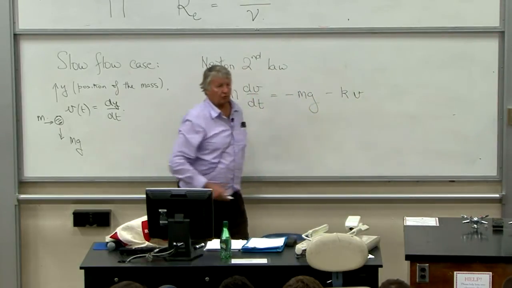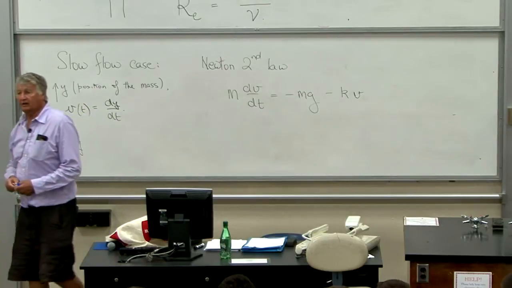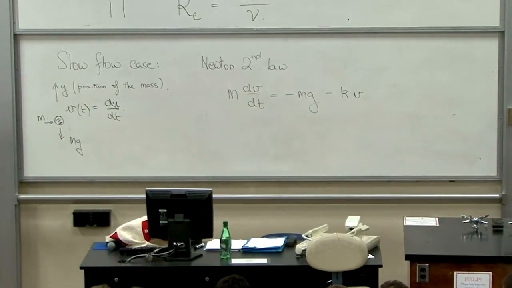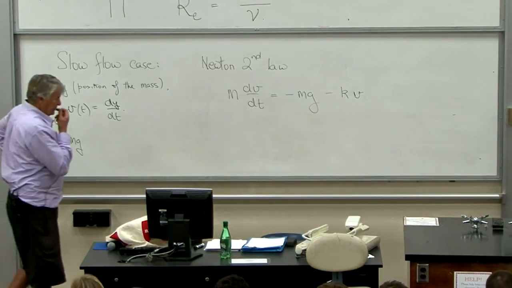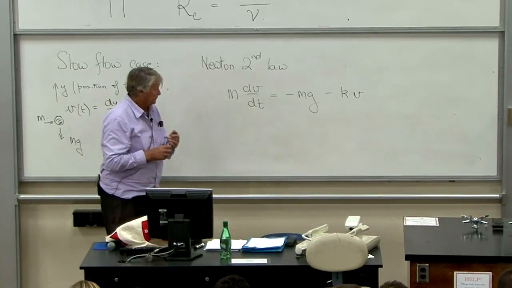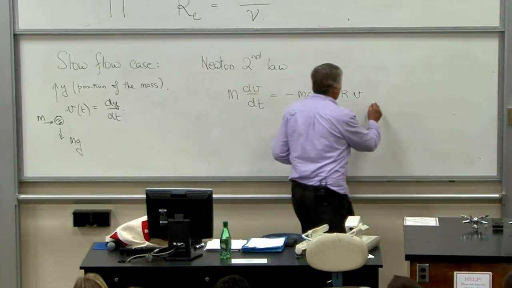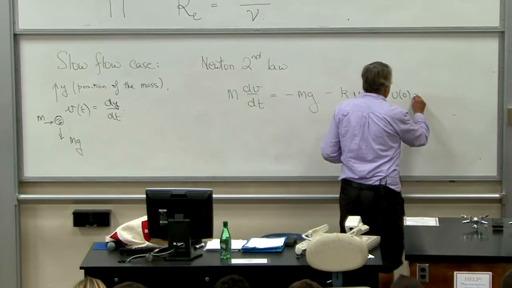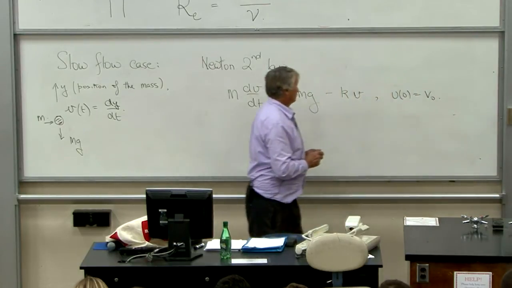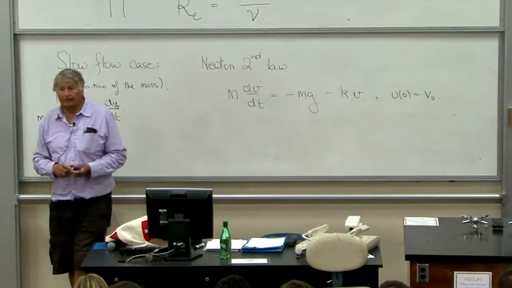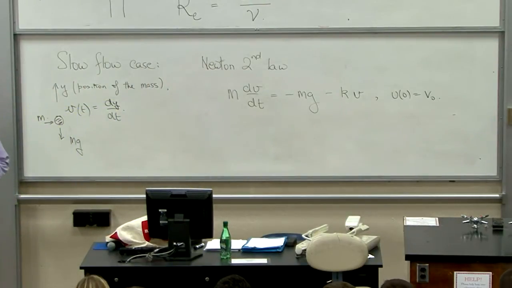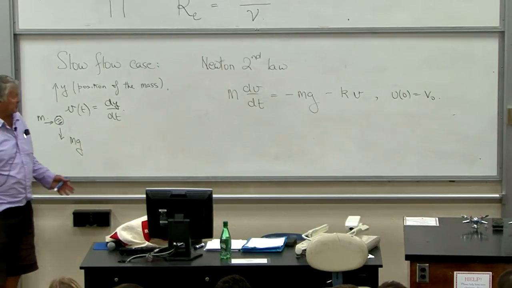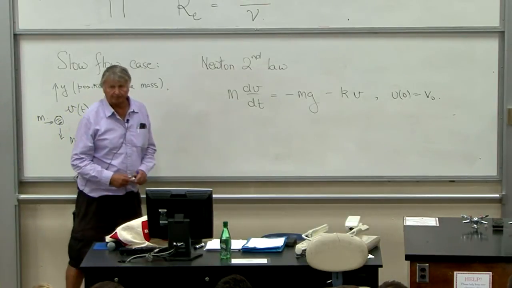This is our friction force, and we're saying we're in a Reynolds number range where the friction force is proportional just to the velocity. And we're given some initial condition. V at 0 is some V0. And the question is, find V for all time and find the position y of t for all time.